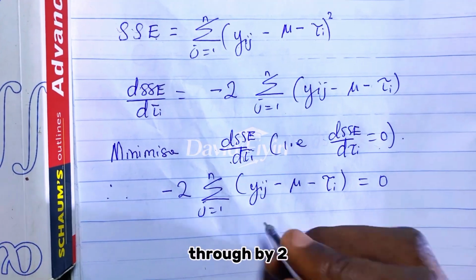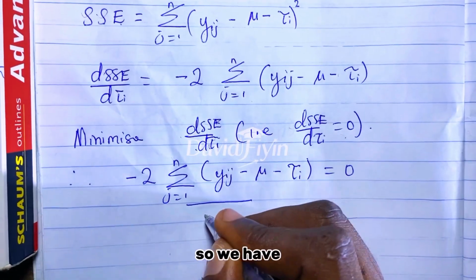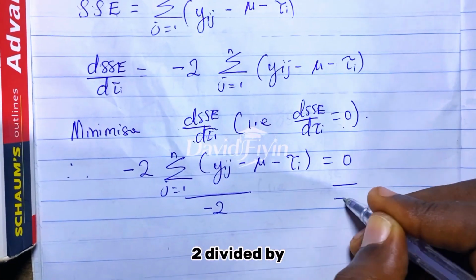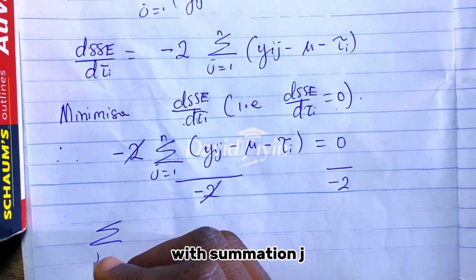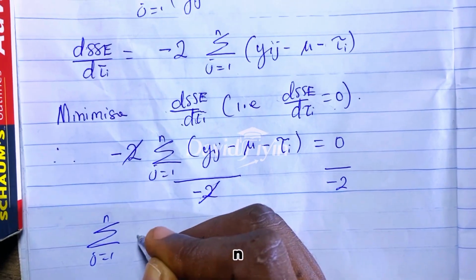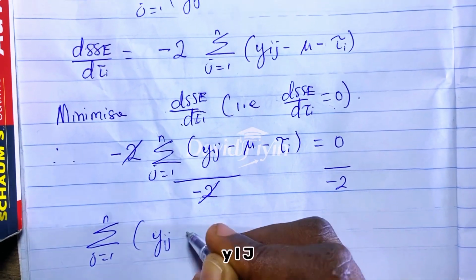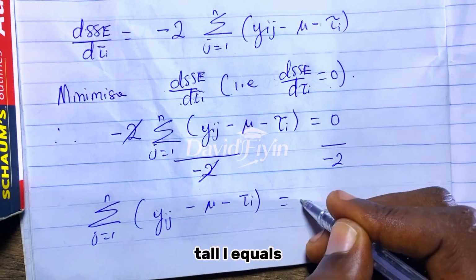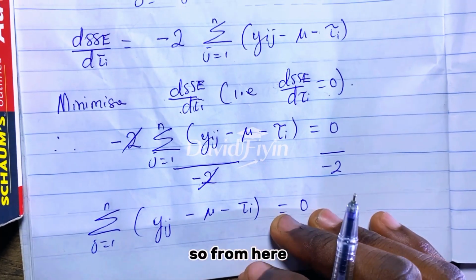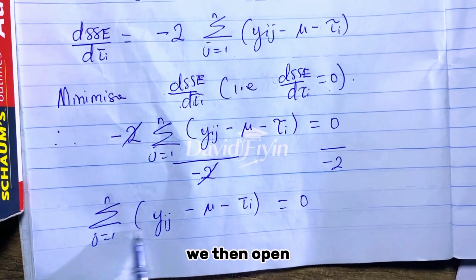In order to have a clean equation, we divide all through by minus 2. The minus 2 cancels the minus 2 here. We are left with the summation j equals 1 to n of Yij minus mu minus tau i equals 0. From here, we open the brackets.